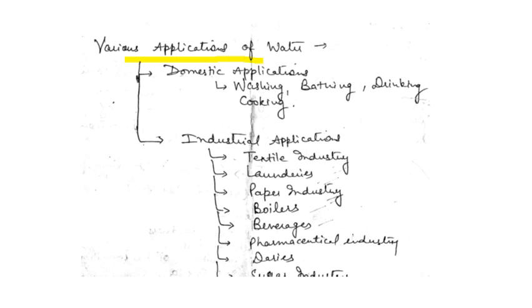The industrial applications have a wide range: the textile industry, laundries, the paper industry, boilers, which we focus on, beverages, food products, pharmaceutical industries, dairies, the sugar industry, and many more.